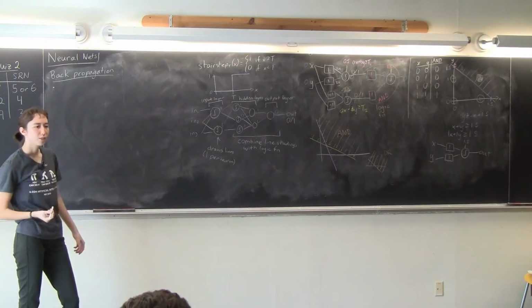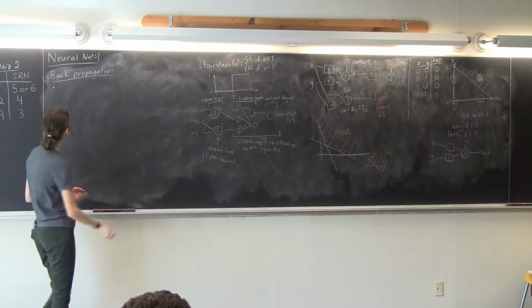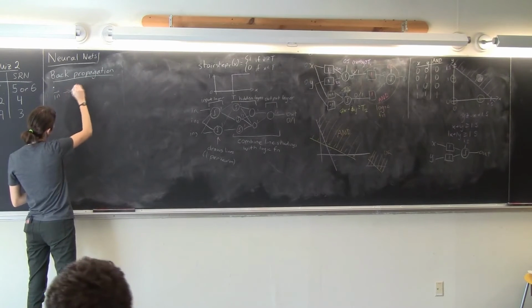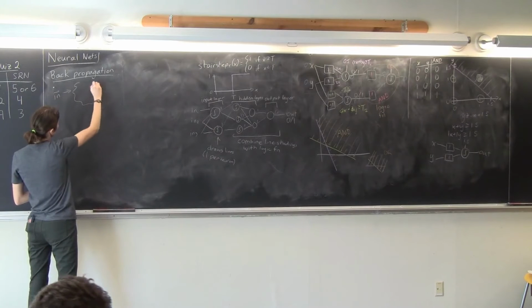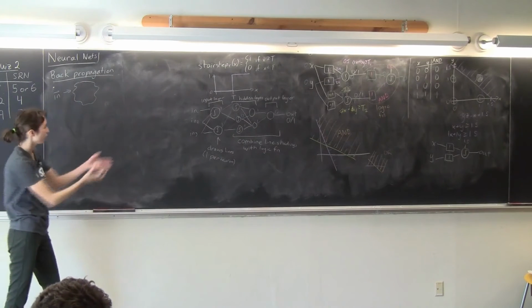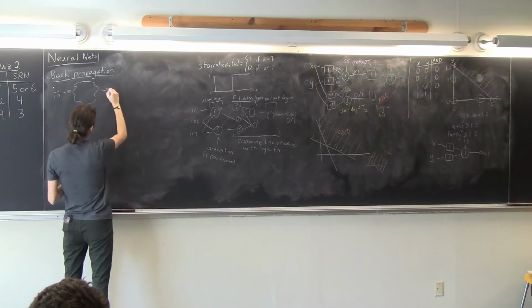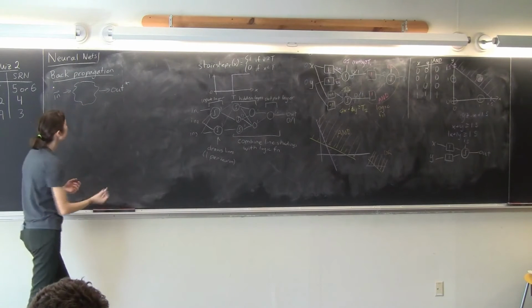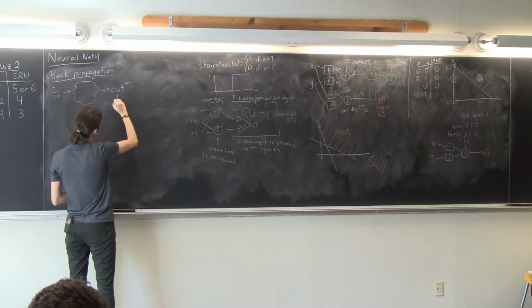So one way of thinking of a neural net is it's approximating a function, because the idea is we have all of these inputs that are going into some sort of thing, which is this neural net. And then there's some desired output that we want to get out on the other side when we're training it. So this out star is our desired output.